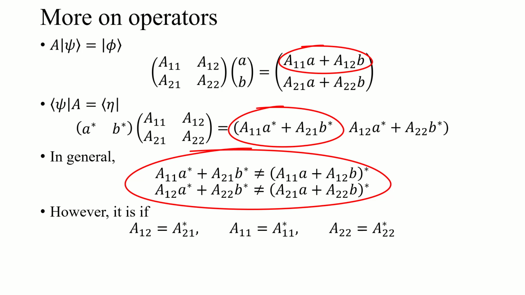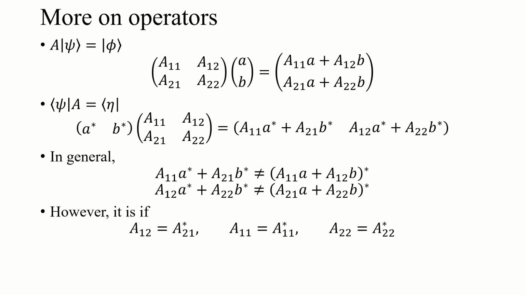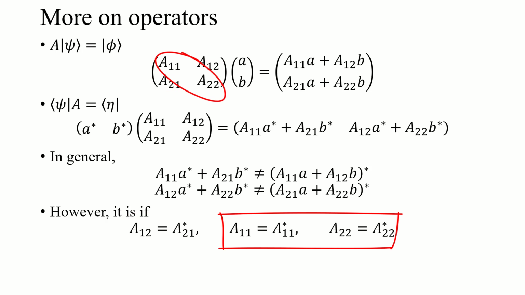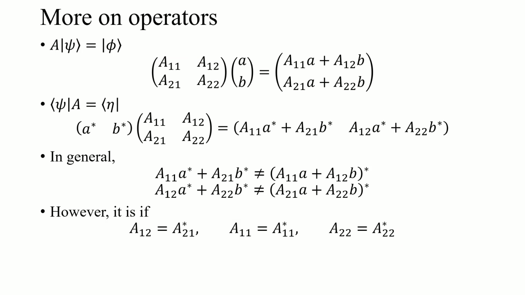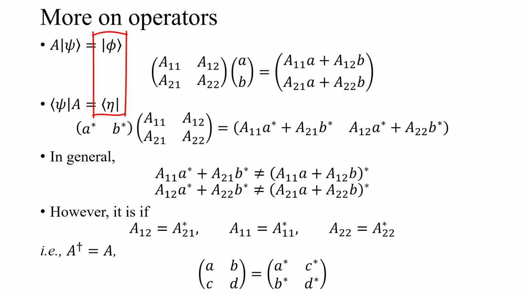However, it is true in certain cases, if those off-diagonal elements are actually complex conjugates of each other, and if the diagonal elements are essentially real, equal to their own complex conjugates. The resulting bra and ket will correspond to the same answer.